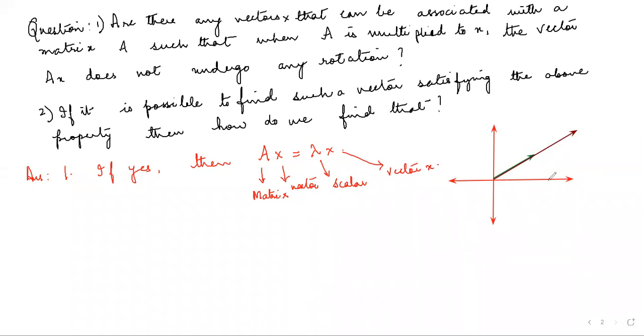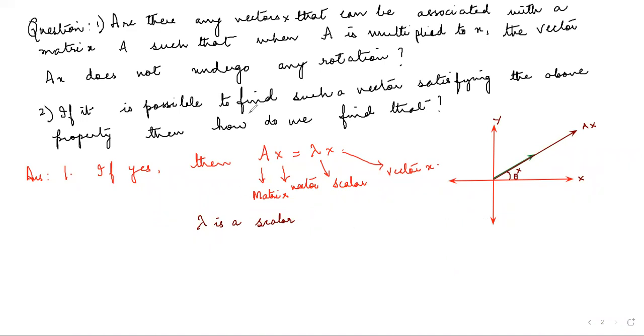So this is your x, this is your y, this is the original x, and this is Ax. There is no change in the theta value, there is no rotation. Lambda is a scalar. So how to find this?